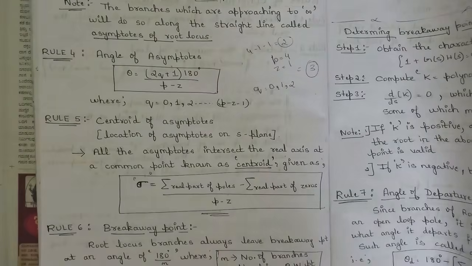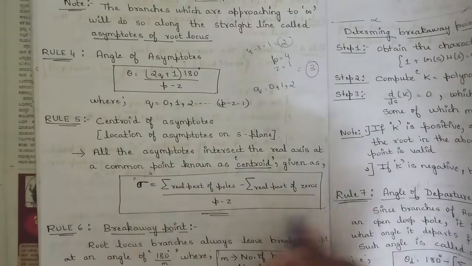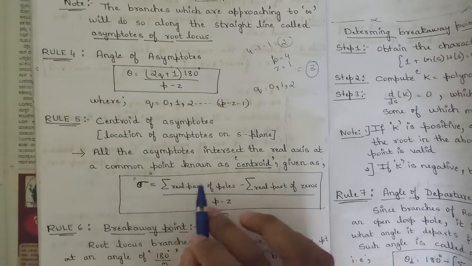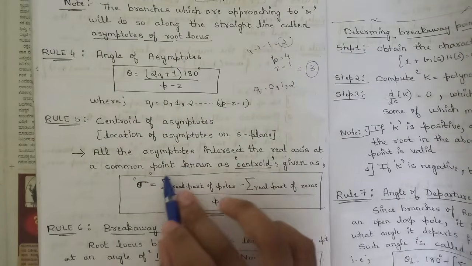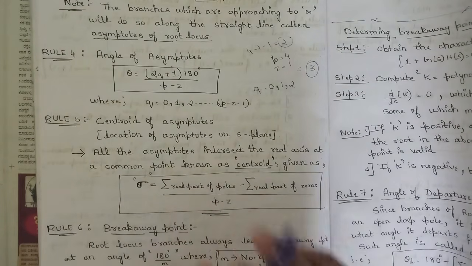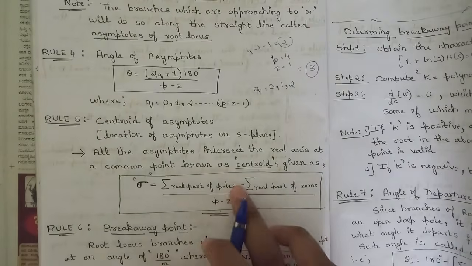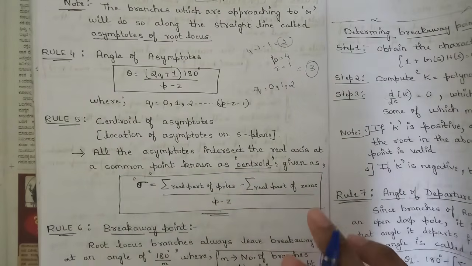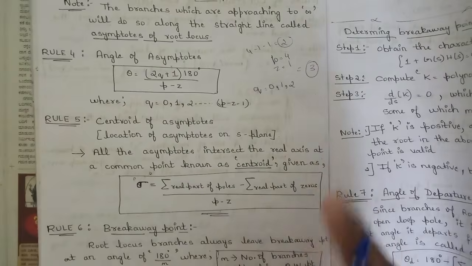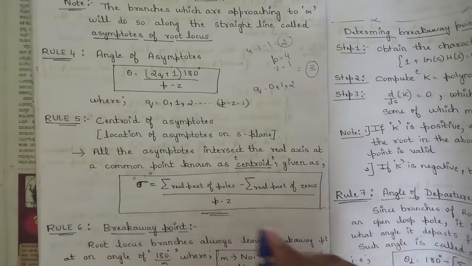For a particular transfer function, we cannot say that the poles or the zeros obtained are purely real in nature. They might be imaginary as well. That's why, in order to calculate this sigma, we need this formula: if we have a number of poles as 2 or 3, in the roots obtained we sum up all the real parts of poles, minus the sum of all the real parts of zeros if we have more zeros, divided by the number of poles minus the number of zeros.